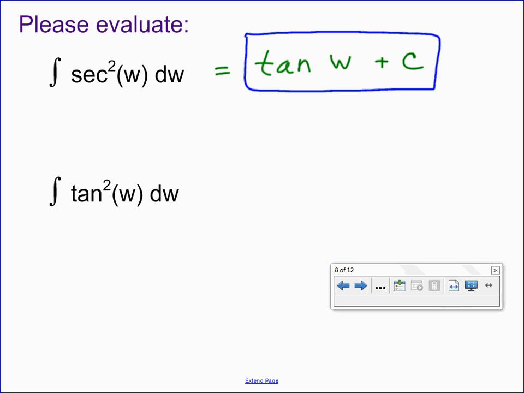We'd have natural log of tangent of w to the second, right? And we could now use log of a power to bring down the 2 in front and have 2 natural log of tangent, right? But do we have an antiderivative for natural log of tangent? No, we'd have to have the derivative of the natural log, which is 1 over the quantity times the derivative of the quantity.